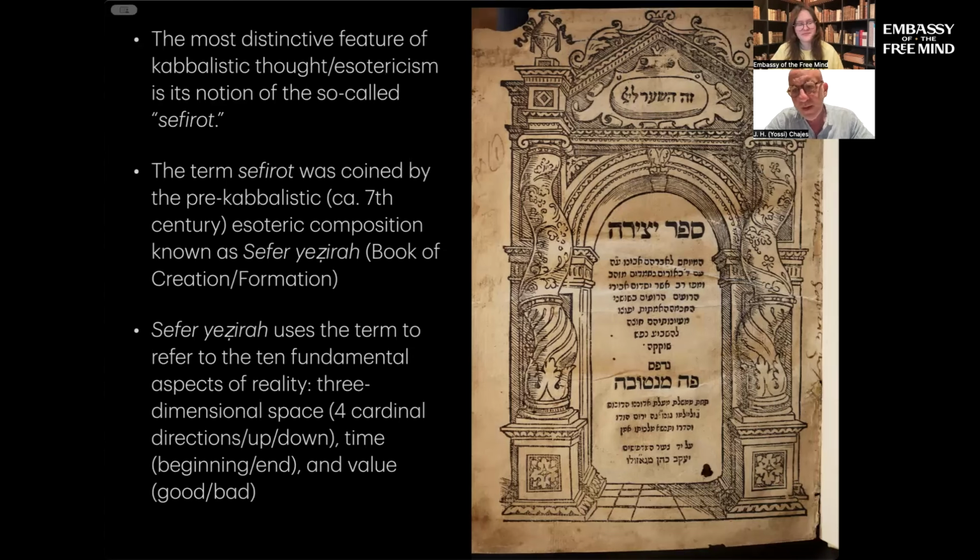I'm maybe getting ahead of myself a little bit, but I'm sure that the Embassy of the Free Mind has 100 translations of Sefer Yetzirah in its collection. It would be interesting to see how far off I am with that guess, but it's a book that had a tremendous amount of influence, and really an outsized influence in many ways.